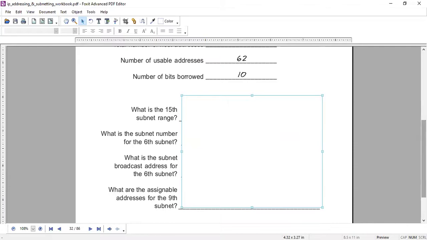Then you convert it to the decimal value. First find out the binary patterns, then it will be easy. So here also they are asking for the subnet number, that is the network address, for the 6th one, the same as before. Okay, try to find out.